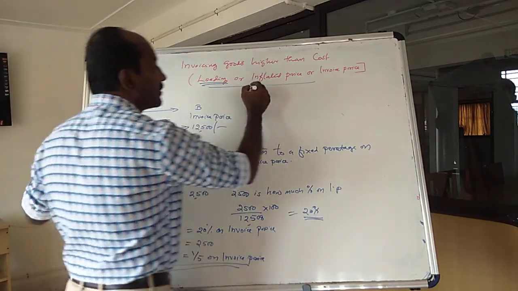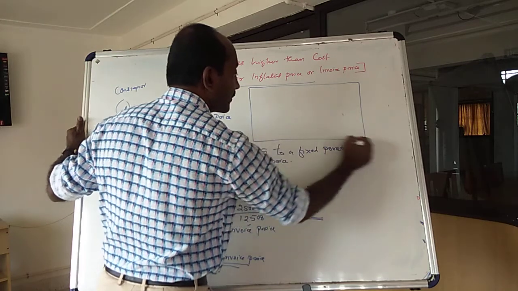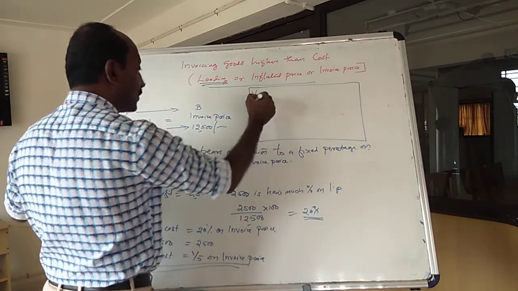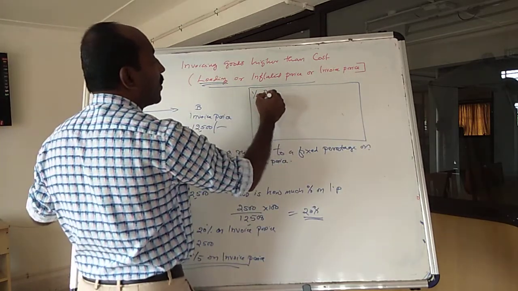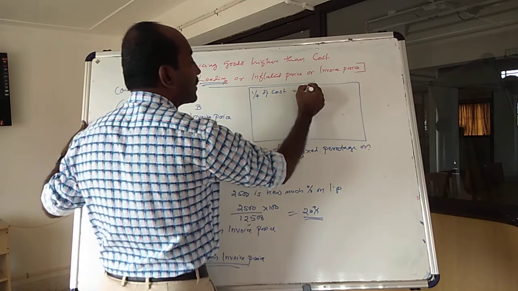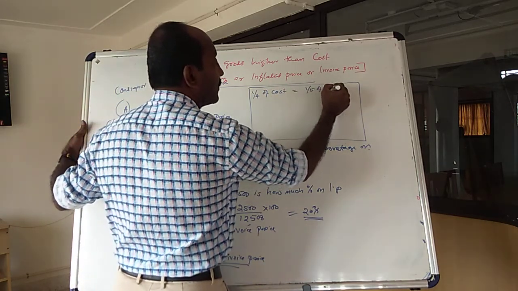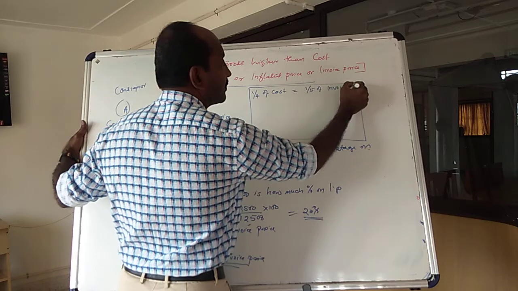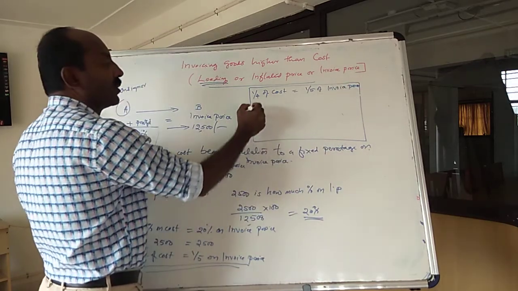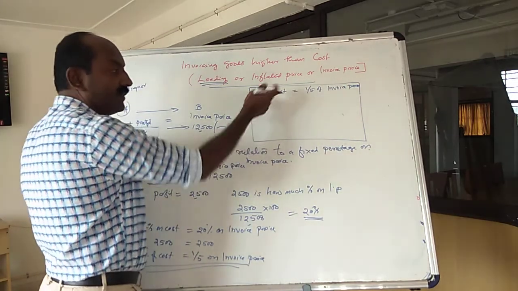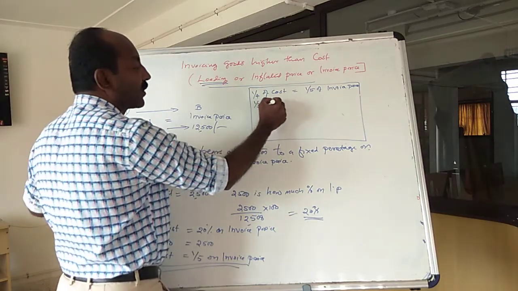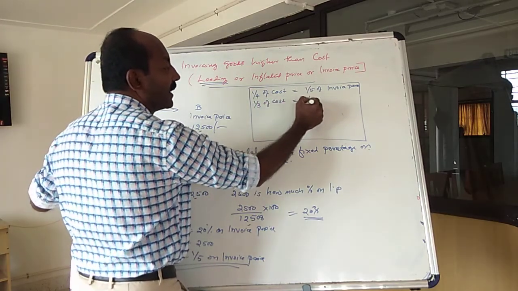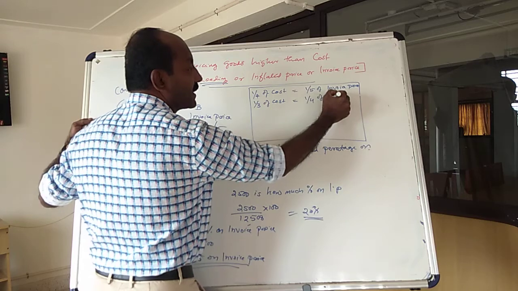That means 1 by 4 of cost is equal to 1 by 5 of invoice price. If it is so, 1 by 3 of cost is equal to 1 by 4 of invoice price.